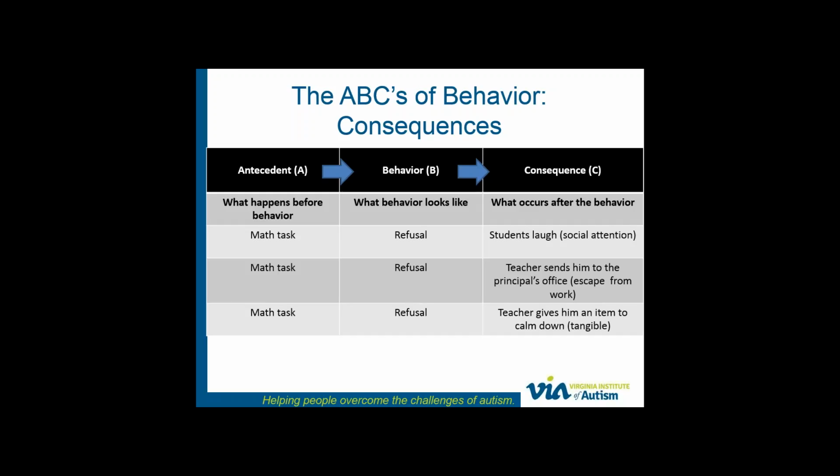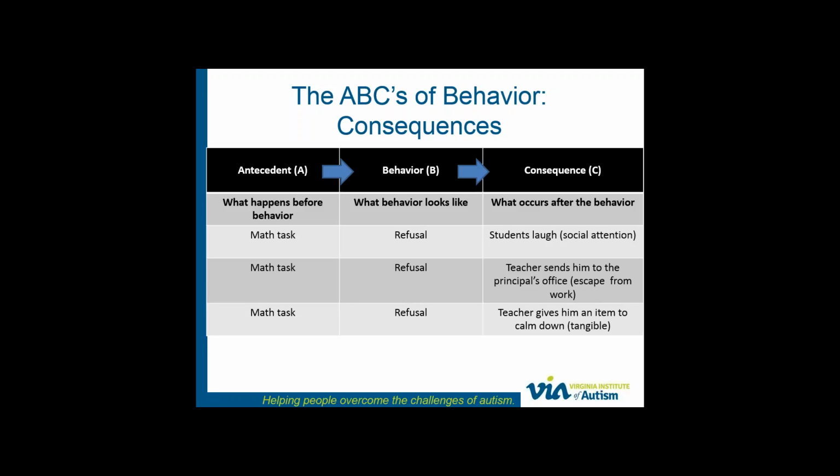if you look at what's happening after the problem behavior, one child's neighbor is laughing every time that he's refusing. The second child, the teacher is sending him to the principal's office, so he gets to get out of work. And then the third child, the teacher gives him like something to chew on to calm down, or just a toy or something, a fidget, to calm down.